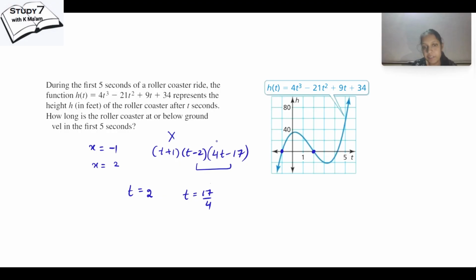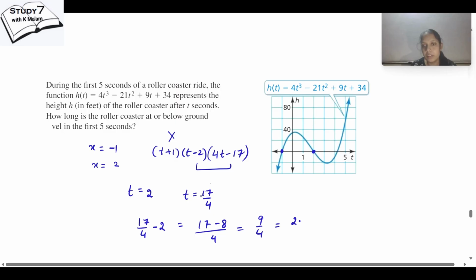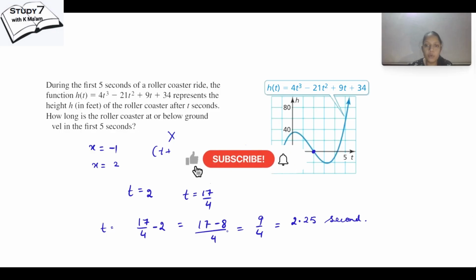Find the difference between them. 17 by 4 minus 2 is (17 minus 8) over 4, which is 9 by 4. It's 2.25. It is a time, so 2.25 seconds. So from this we can say the roller coaster is at or below the ground for 2.25 seconds.